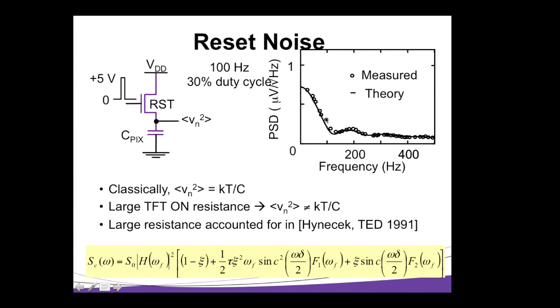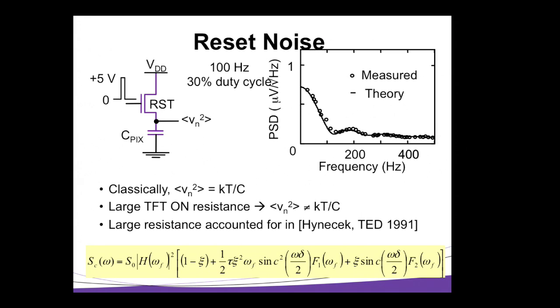Now, this is a measured power spectral density of that reset noise. I could probably spend half an hour and tell you how we did that measurement. It's such a complicated measurement. But the neat thing was we did the measurement, and we actually were able to see this power spectral density. But when we actually crunched all the numbers, the input-referred noise that we calculated didn't match up.